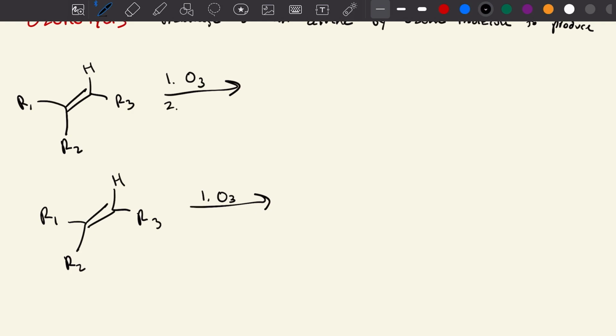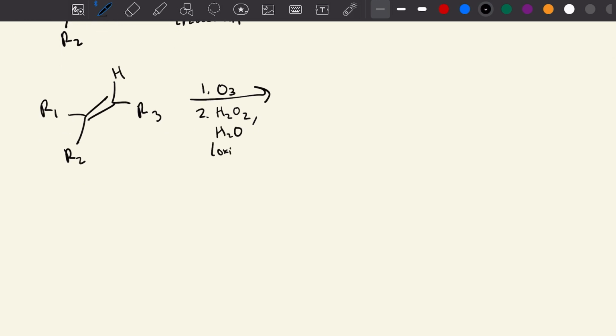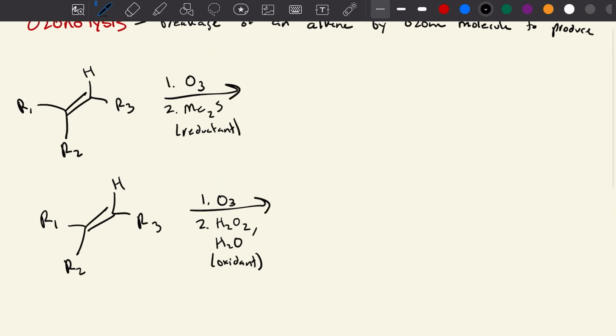So you could either react with a reductant like dimethyl sulfide, or you can react with an oxidant like hydrogen peroxide. So both these reactions will get you a ketone.